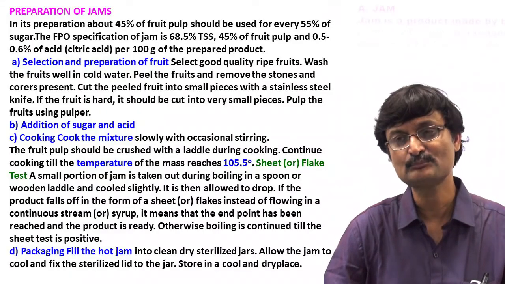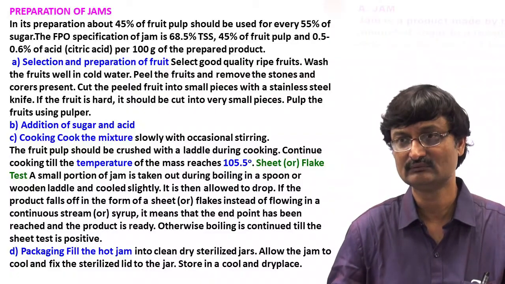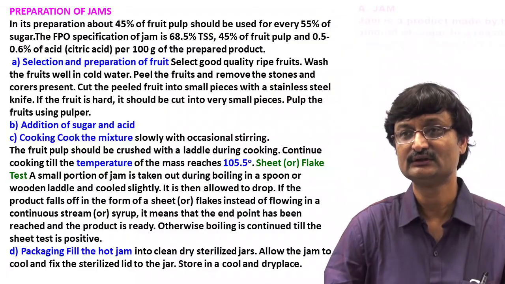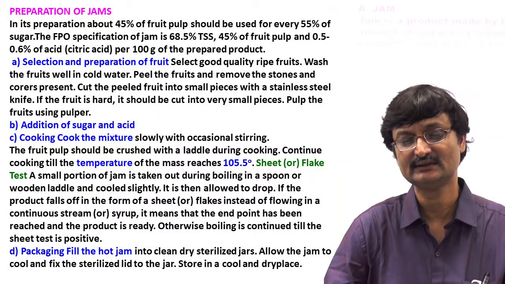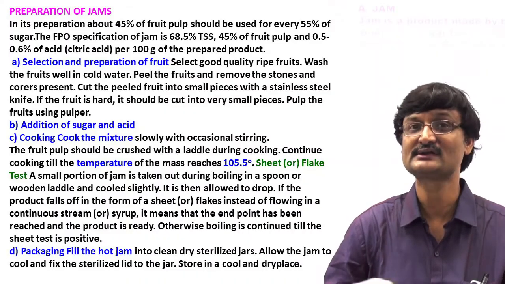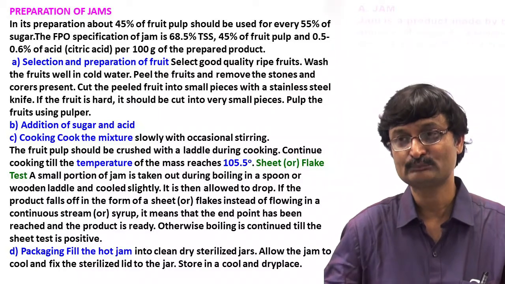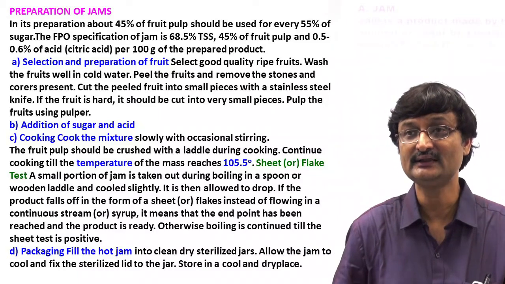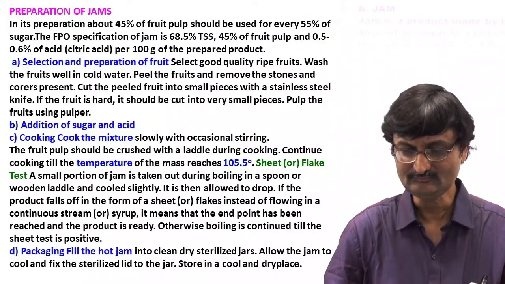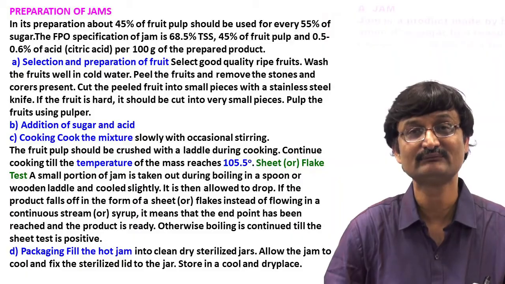So in case of jam, we can use only one fruit or mix many types of fruit, and it can be fresh fruit, frozen, dry, any type of fruit we can take for jam preparation. Only to a thick consistency we have to boil. But in case of jelly, at first we have to extract the pectin, and it is boiled with sugar and acid, and then jelly formation takes place.